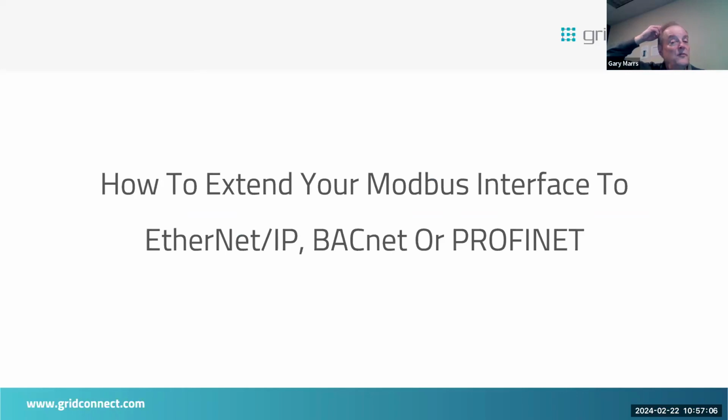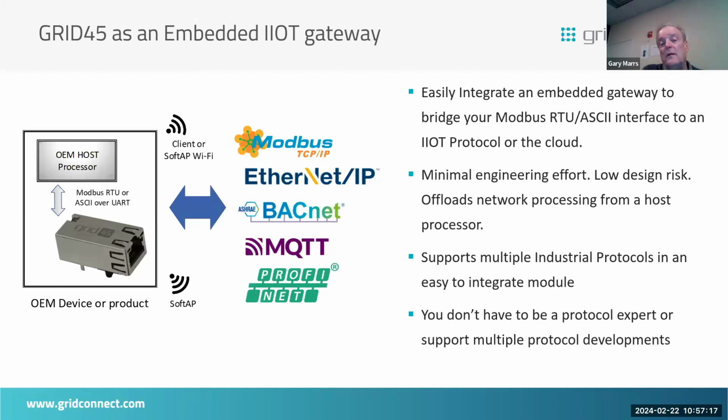This next section is really interesting because we see a lot of applications now where we extend a Modbus interface to a newer industrial automation protocol like Ethernet IP, Profinet, or BACnet. We actually even support MQTT to a cloud interface.